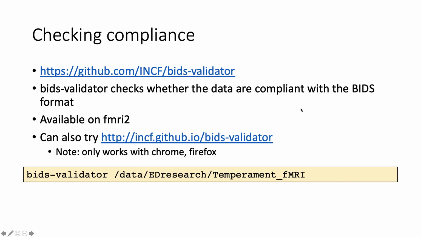Right now, it only runs, from what I've seen, under Chrome and Firefox. So if you're a Safari user, because you like to have your data on a Mac, you're going to have to install one of these other browsers to work with it. But it works really well. I've used it when I was setting up my experiment to figure out whether my script was working correctly. So that was really helpful.